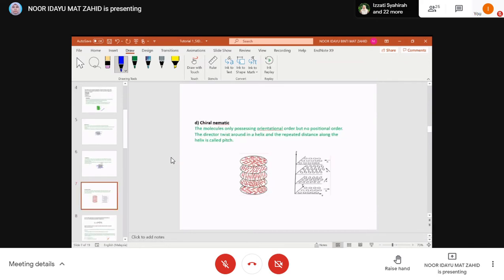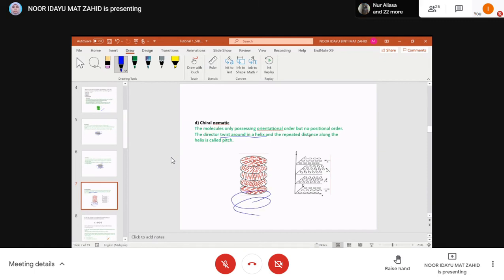In the chiral nematic phase, the molecules only possess orientation order, just like the nematic phase. However, the director twists around in a helix, and the repeated distance along the helix is called the pitch. So you can see that it forms a helix.